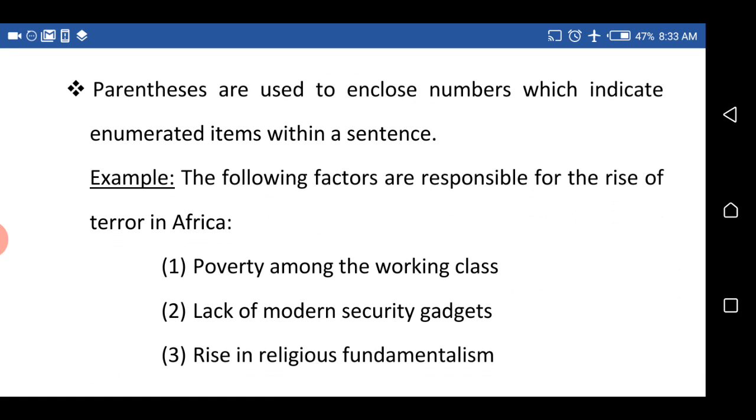We have (1) poverty among the working class, (2) with its parentheses also, lack of modern security gadgets, (3) also with parentheses, rise in religious fundamentalism.